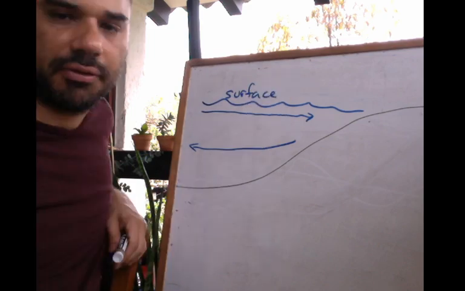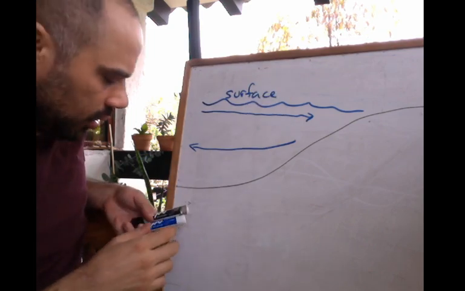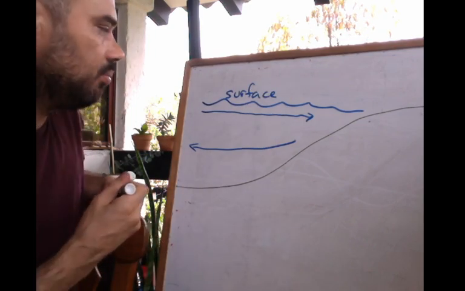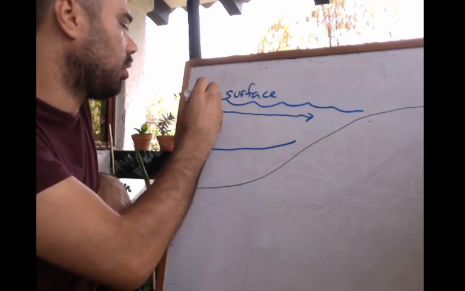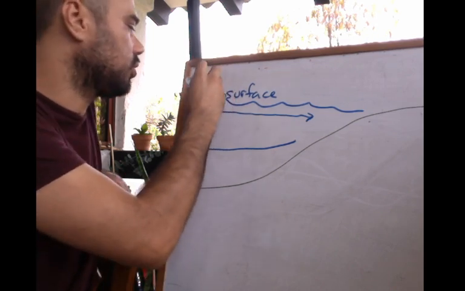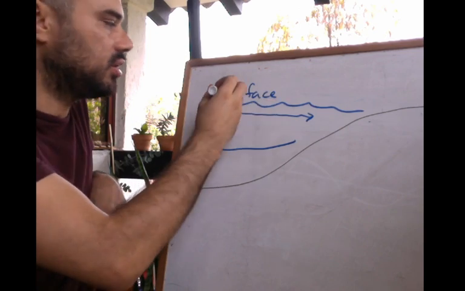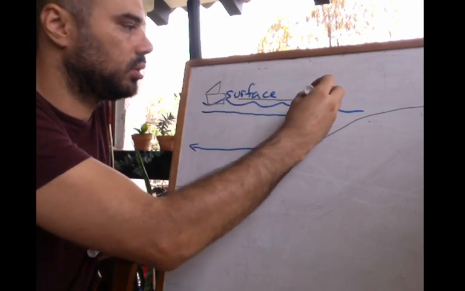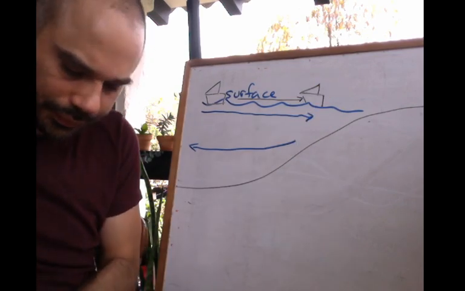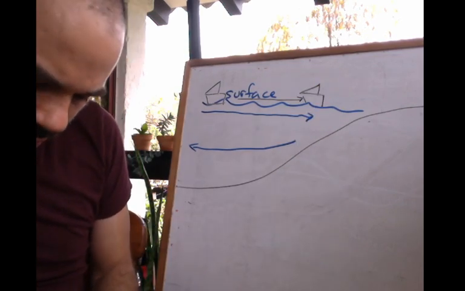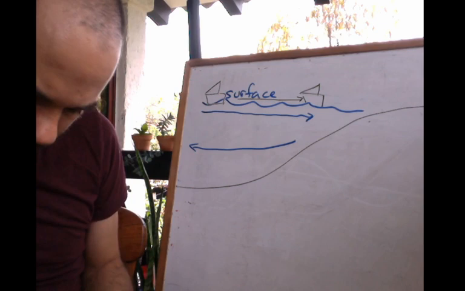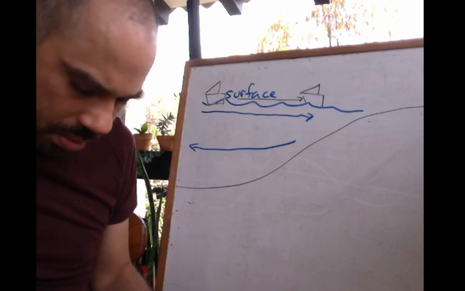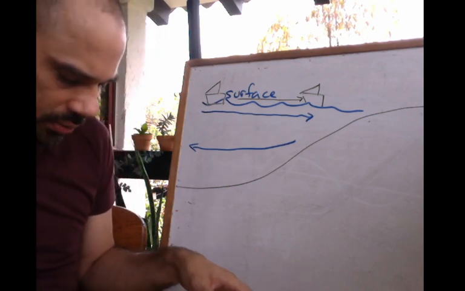Now, surface currents can be used for traveling by boat. So if you're on a surface current, you can be traveling in this boat with the current. No problem there. Okay. Remember, if you have any question, tell me about it.